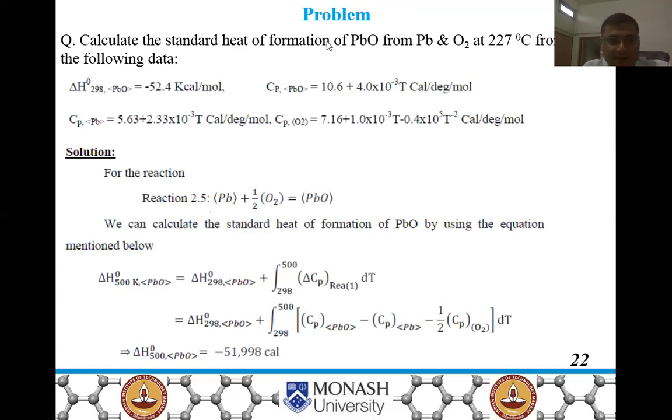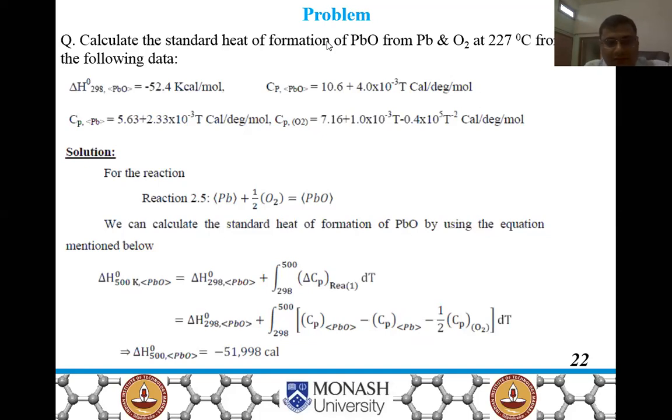Delta H at 298 K for PbO is given to be minus 52.4 kilocalorie per mole, and Cp of PbO is given to be 10.6 plus 4 into 10 raised to the minus 3 T calorie per degree per mole, and Cp of Pb is given to be 5.63 plus 2.33 into 10 raised to the minus 3 T calorie per degree per mole, and Cp of O2 is given as 7.16 plus 1 into 10 raised to the minus 3 T minus 0.4 into 10 raised to the 5 T raised to the minus 2 calorie per degree per mole.